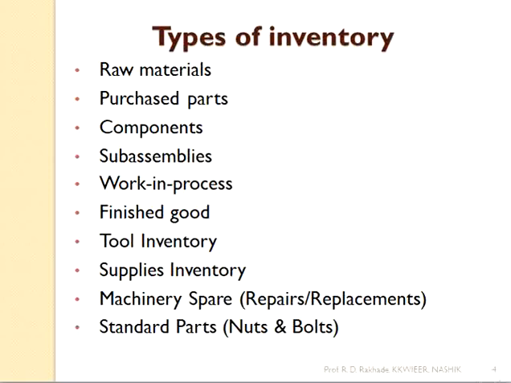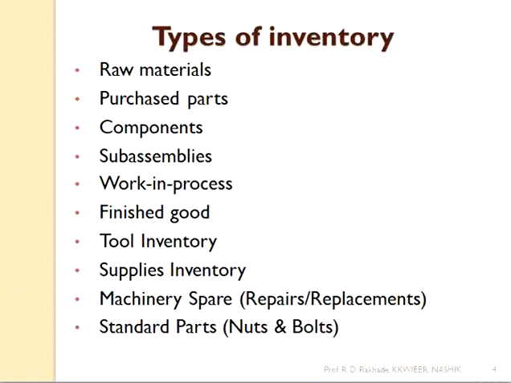Then various forms or types of inventories. For inventory we consider raw material required for any industry, maybe wood, steel, then purchased parts, various components, subassemblies, work in progress, maybe in queue or in processors, then finished goods, tool inventory, then supplies or supportive inventories, then machinery spares such as repair or replacement tools, then standard parts like nuts and bolts.